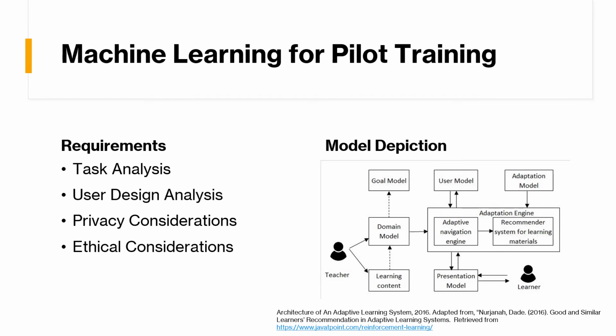And then last, we will look at evaluating the course and the instruction, and then making any revisions based on feedback as needed. If we look at the model depiction, you see the teacher would actually be an AI agent or the AI algorithm, which will have the goals and the model for the particular learning application, and then the actual learning content and materials will be in there as well.